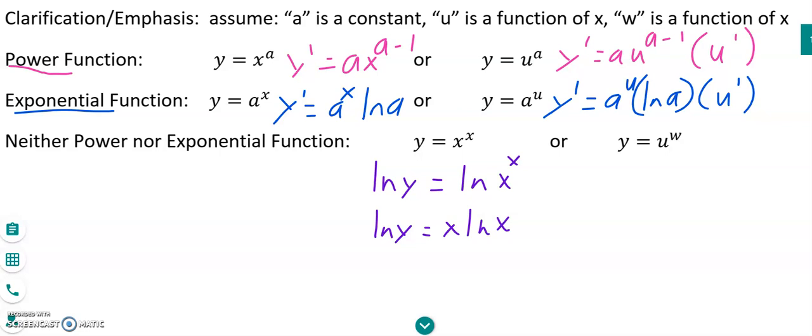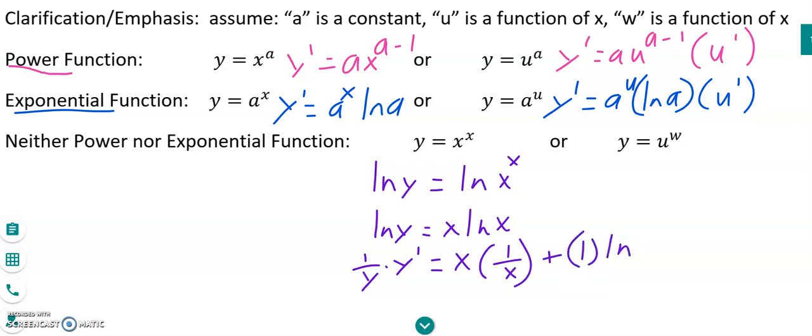Now I can do the derivative of both sides. I know that this is going to become 1 over y times y prime. Here I have to do the product rule. So first times the derivative of the second plus the derivative of the first times the second. And then I can isolate the y prime.